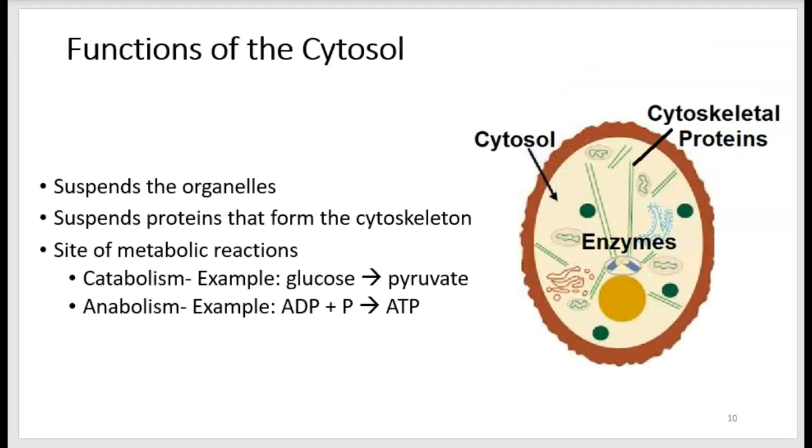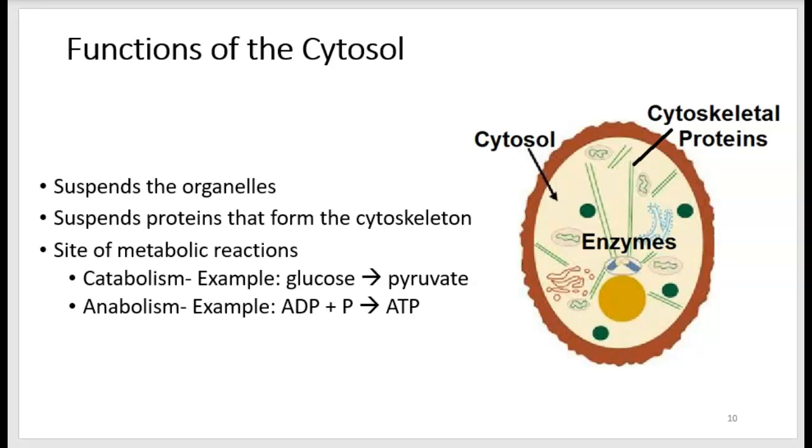So let's start with the cytosol before we go to organelles. The functions of the cytosol, in addition to just being the fluid in which organelles are suspended, include a variety of cellular processes that will be performed by the proteins, enzymes, and solutes within the cytosol. So this is a site of metabolic reactions, both catabolic and anabolic reactions.